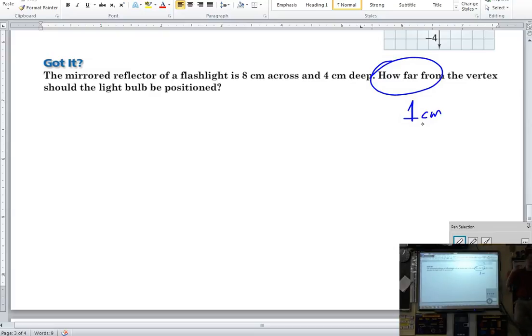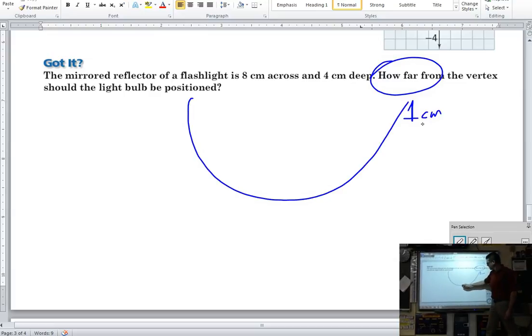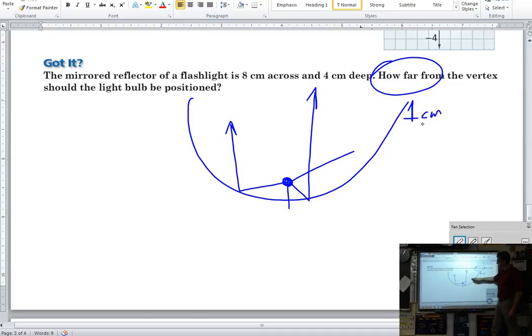So since it's not trying to catch light, I was just trying to relate the two problems because I think it's interesting. But if you're trying to project light, you're talking about positioning your bulb like here. So when the light comes out, it reflects that way. When the light comes out here, it reflects this way. When the light comes out to here, it reflects that way. So it's always going to be pointing forward.